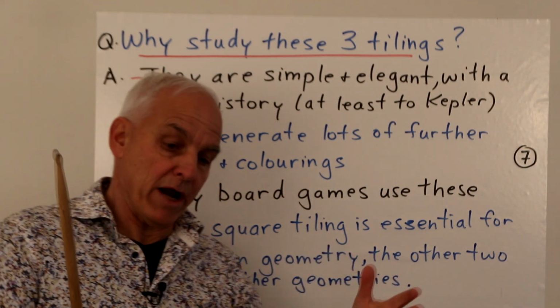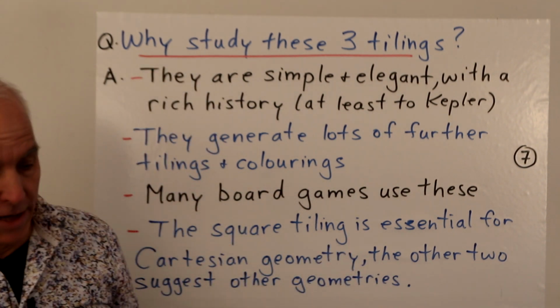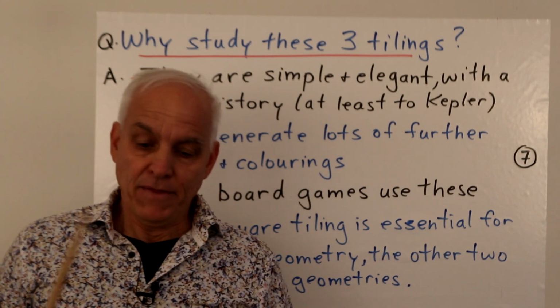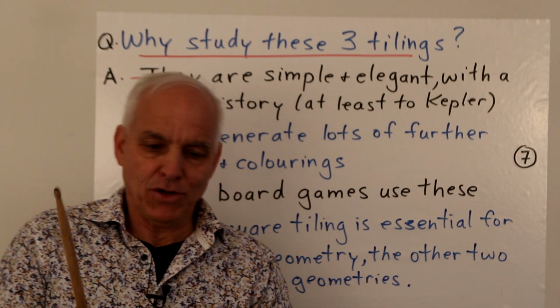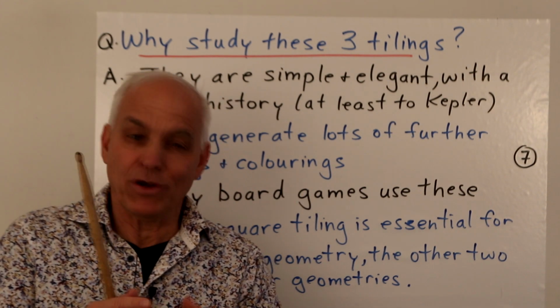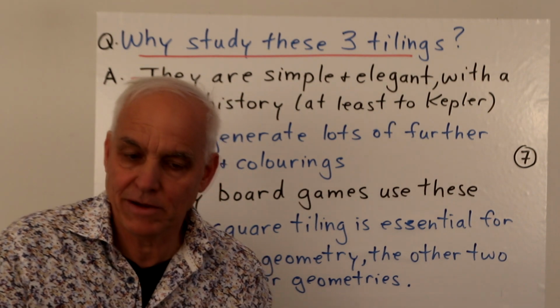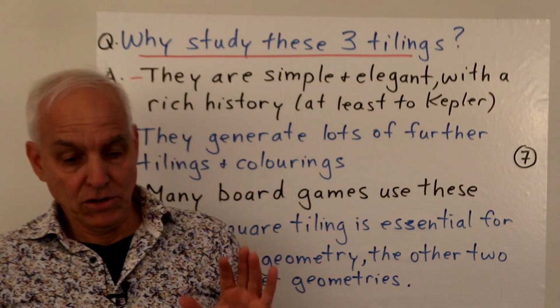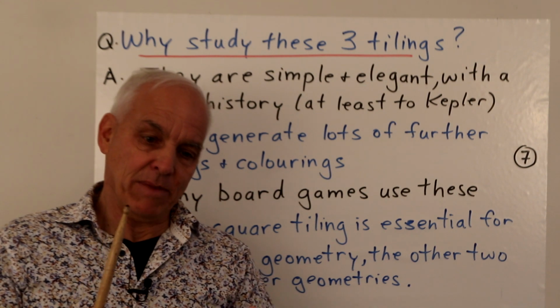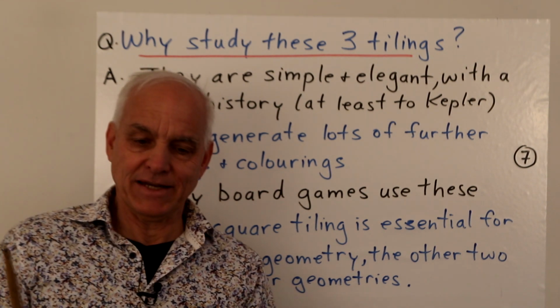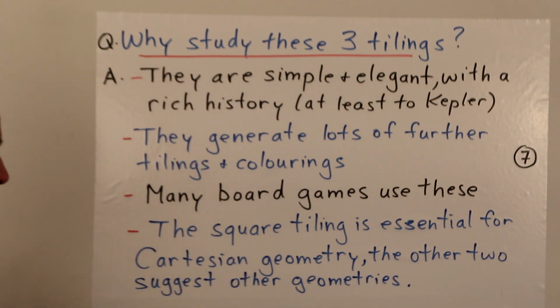Once you have a square tiling or an equilateral tiling or a hexagonal tiling, then you can do other things with it. You can subdivide things further. You can create additional, maybe more complicated tilings. And you can also ask lots of questions about colorings, and you can color these things in pleasant and interesting ways.